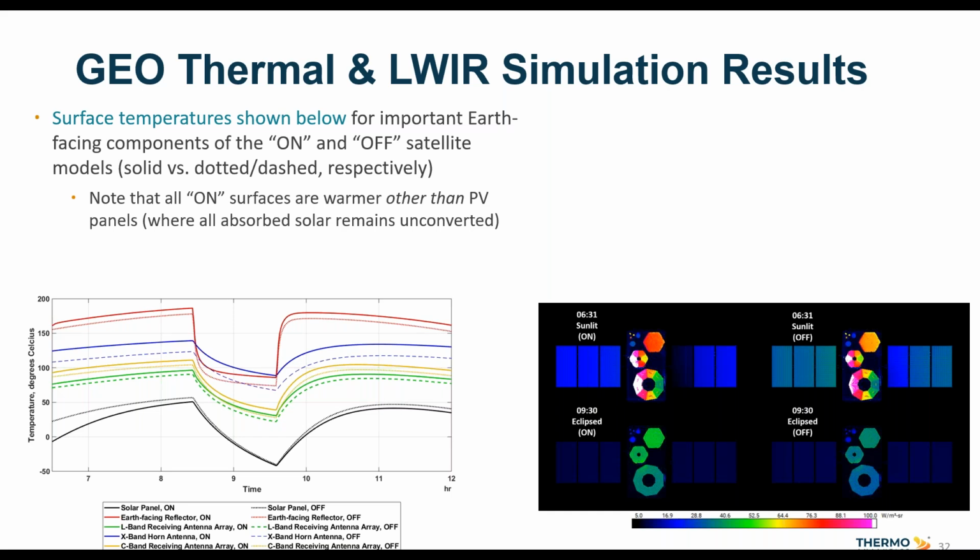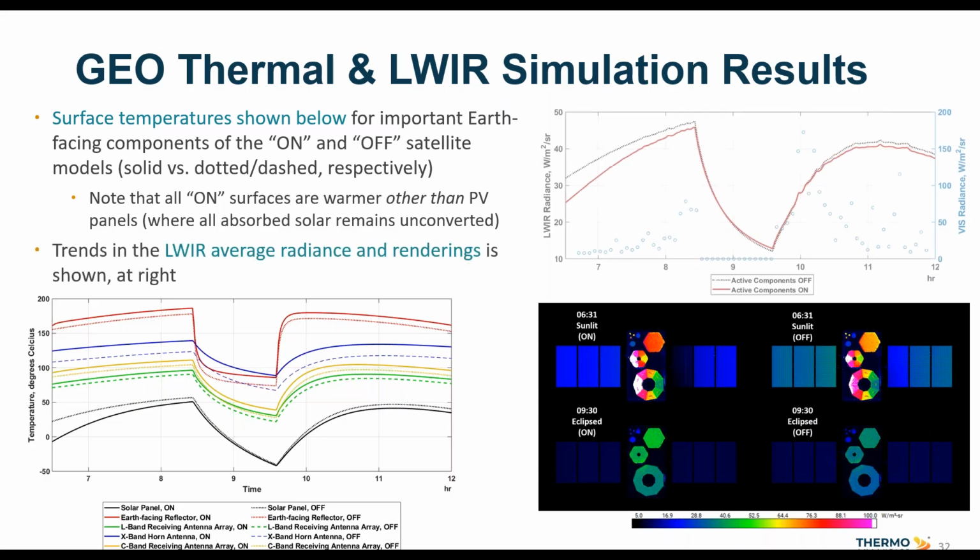But if we look at the deployed solar panels, you see that they're warmer in the off case, and that's because of the efficiency being zero, as I previously described. So how do these 2 conflicting phenomena contribute to the average radiance? Well, if we look at the average radiance of this GEO satellite from the perspective of the Earth, I've plotted it here.